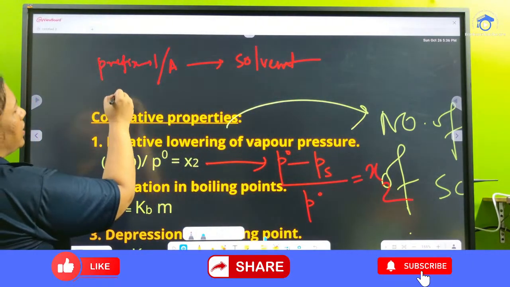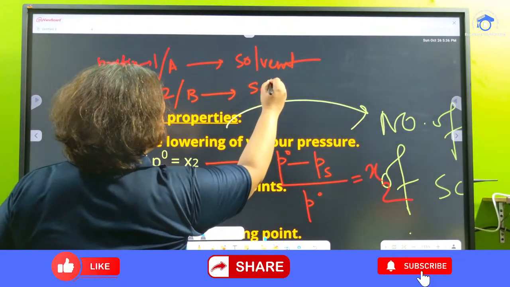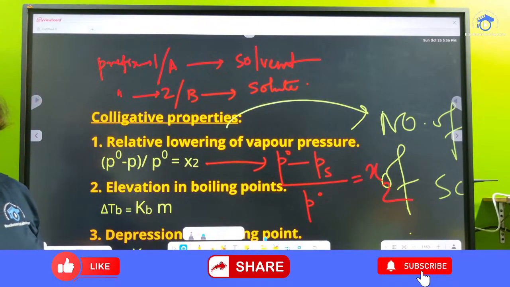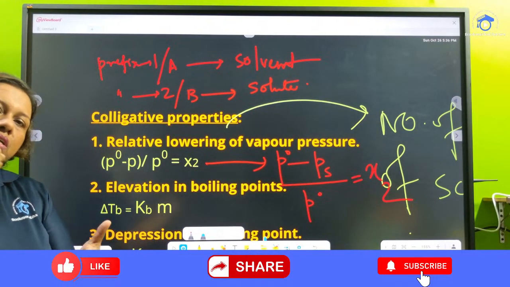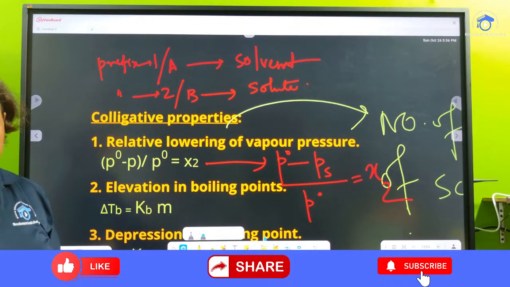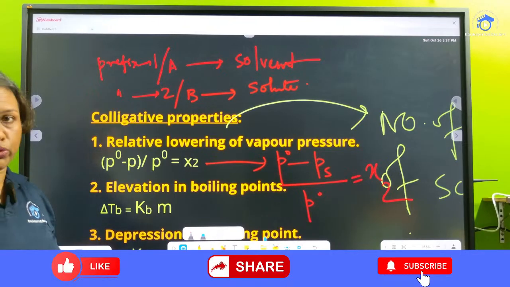And whenever any prefix comes like 2 or B, that is for solute. Please take a screenshot of it. Don't get confused. Whenever any parameter has prefix 1 or A, that is for solvent, and whenever prefix 2 or B, that is for solute.